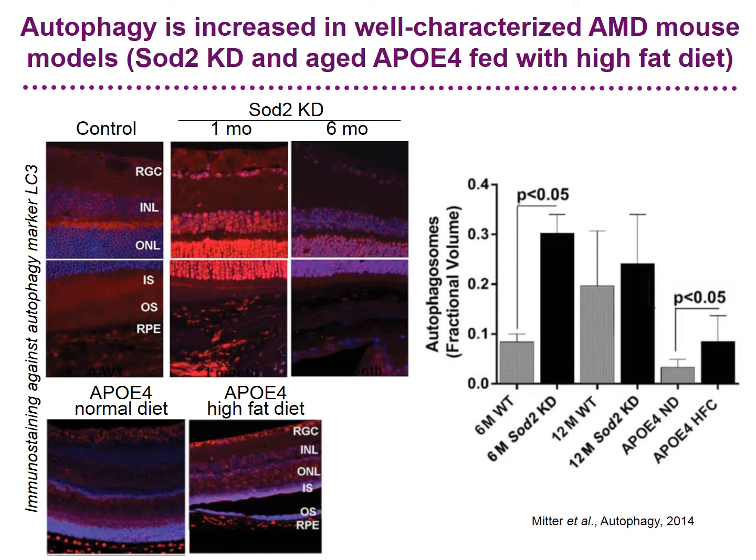Interestingly, other mouse models of AMD, such as Sod2 knockdown and ApoE mice fed a high-fat diet, demonstrated an age-related increase in autophagosome numbers and expression of autophagy proteins. However, Michael Boulton's group also found that autophagy proteins, autophagosomes, and autophagy flux were significantly reduced in these 2 animal models of AMD.